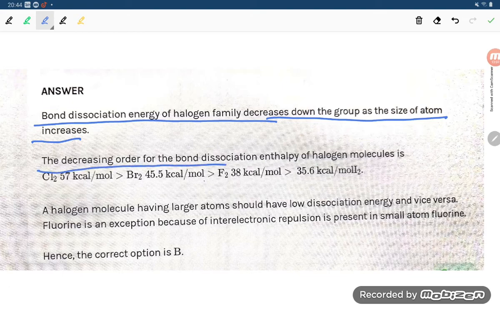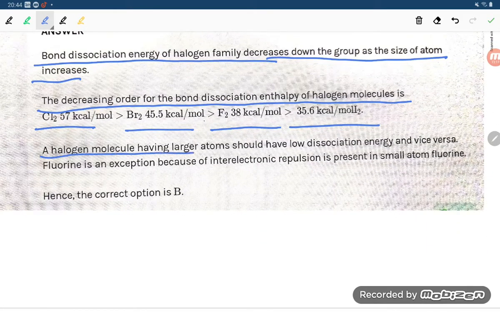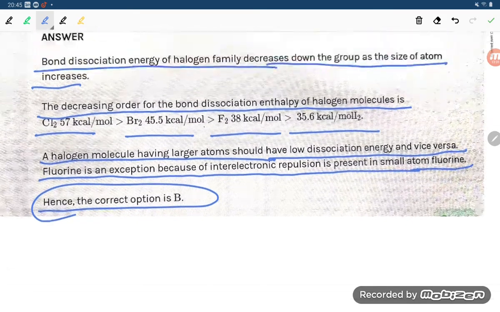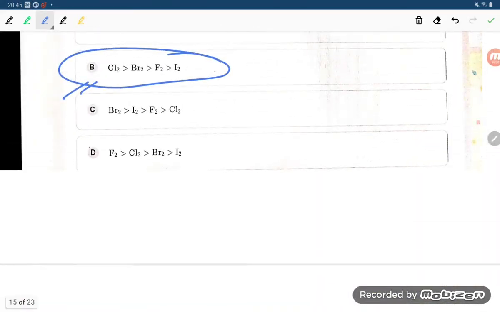The decreasing order of bond dissociation enthalpy of halogens: chlorine 57, bromine 45, fluorine 32 and iodine 35. A halogen molecule having larger atoms should have lower dissociation energy and vice versa. Fluorine is an exception because of interelectronic repulsion in the small atom of fluorine. Hence option B is correct.